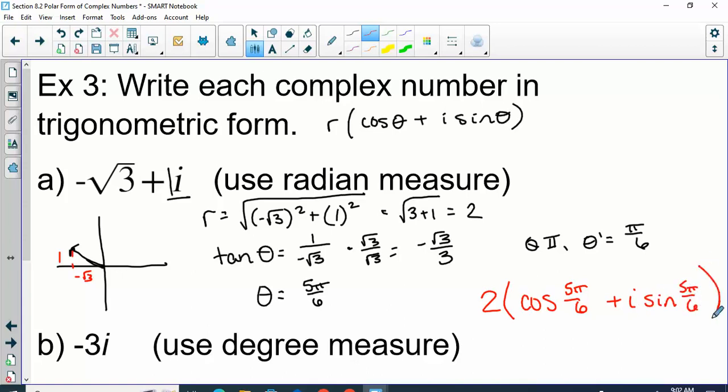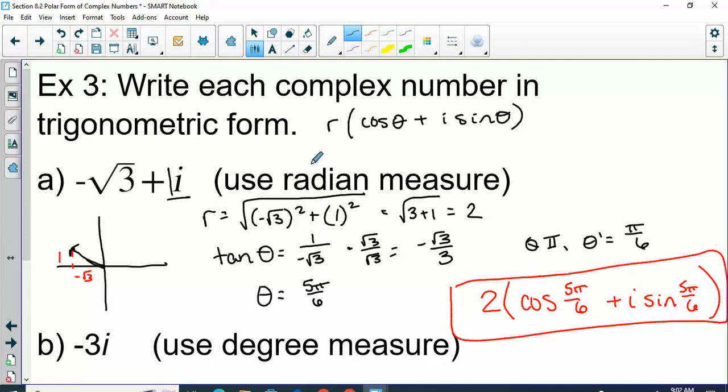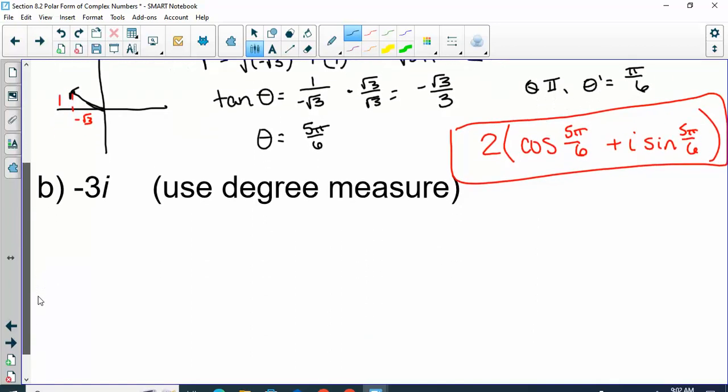When you write the trig or the polar form, you leave the sines and cosines. You don't evaluate them. So that is our answer. Is that okay? Let's look at B.